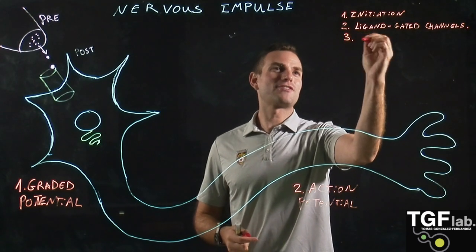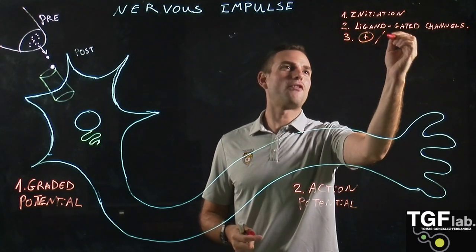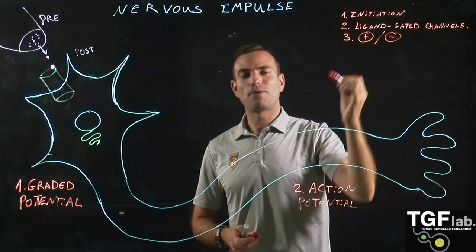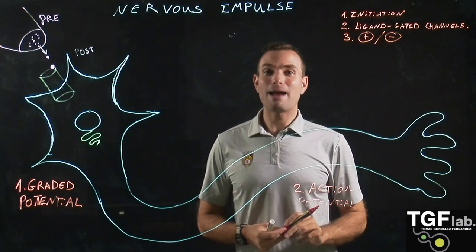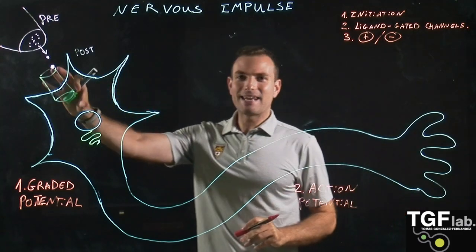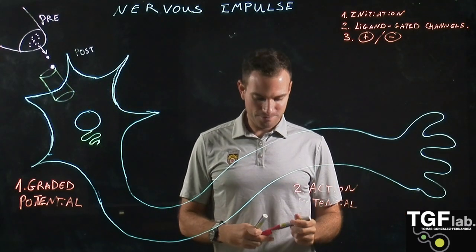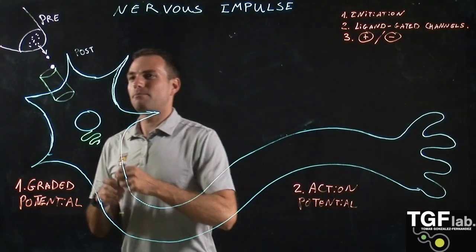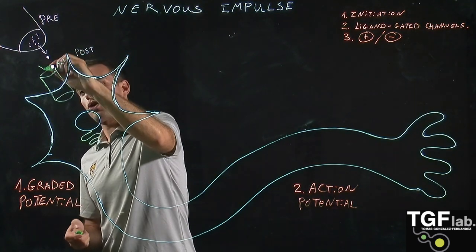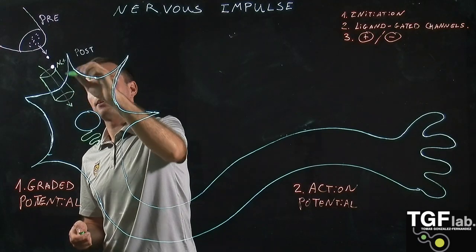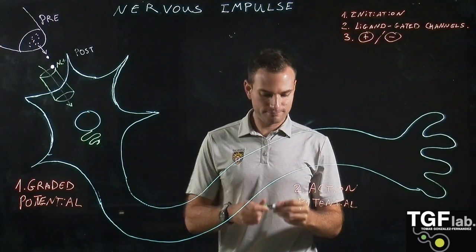The third characteristic is that it can be positive or negative. If it's positive, it's going to be depolarization, and if it's negative, it's going to be hyperpolarization, depending on the channel that we're activating. If we are activating, for example, sodium channels, we are going to allow the entrance of sodium into the cell.